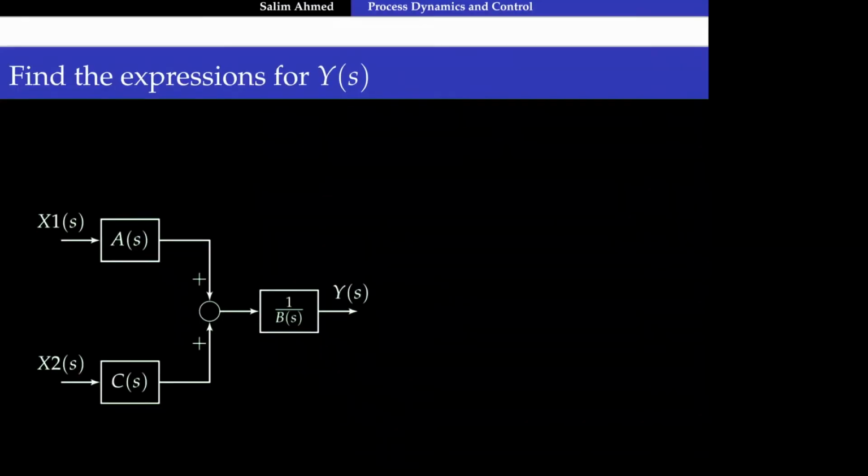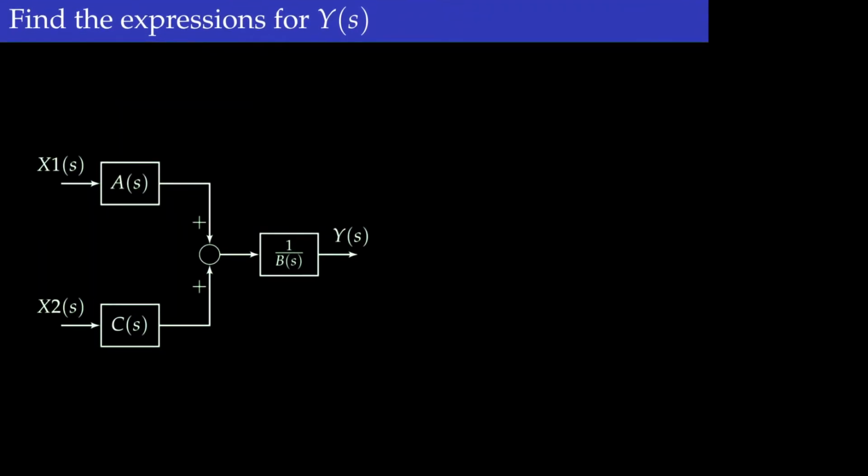Now let's do some mathematical manipulation to see what the expression for Y(s) is here. You can see I can give a temporary signal name here, suppose M1. Now what is M1? M1 is nothing but the summation of these two signals.